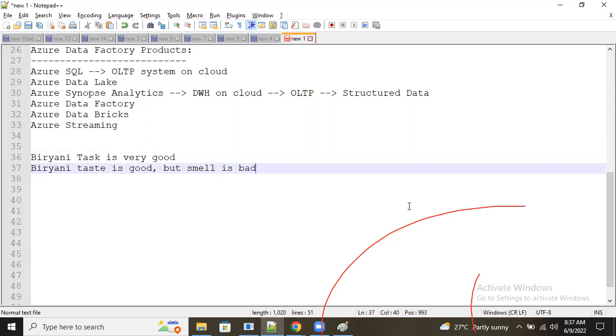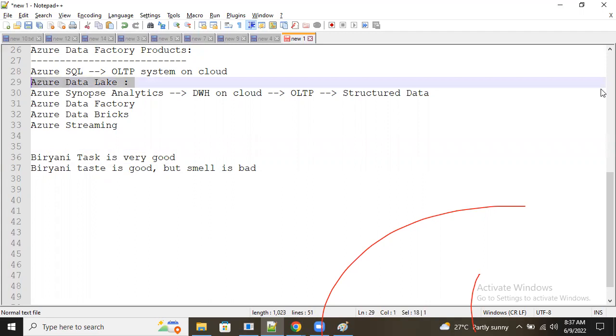Completely unstructured data. We don't have a specific structure for reviews, videos, recording sessions, audio files. These come into the picture in data lakes.